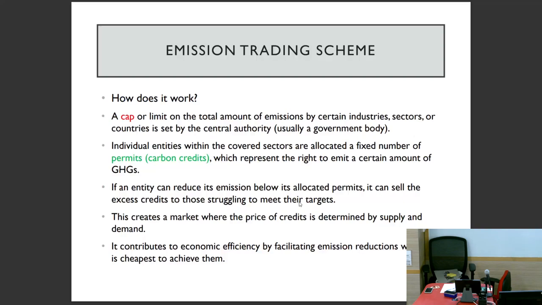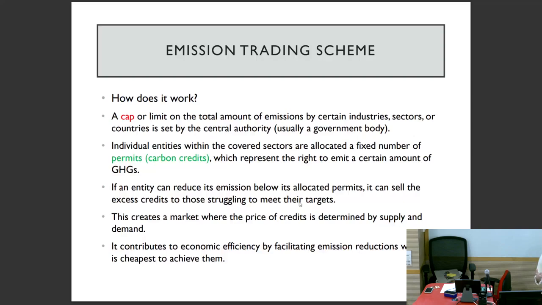And for another company, if they need to reduce the same amount, maybe they cannot continue the business anymore. They have to close their business. Because every different company may have different capacity, different potential to reduce their emissions.